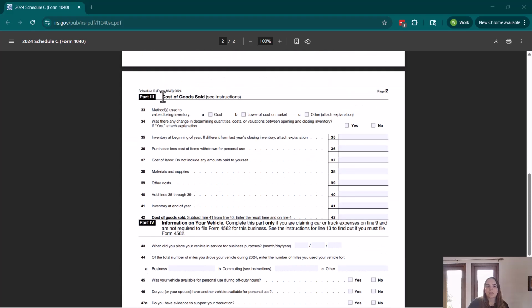Now let's go down to cost of goods sold. These are direct costs that are directly attached to providing specific services or producing specific goods. Things that are going to fall under cost of goods sold are inventory, cost of labor, materials and supplies specifically for the services or the products. So that's a separate section that the IRS has.